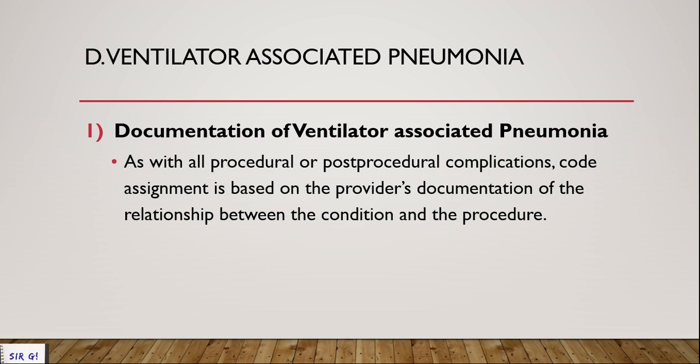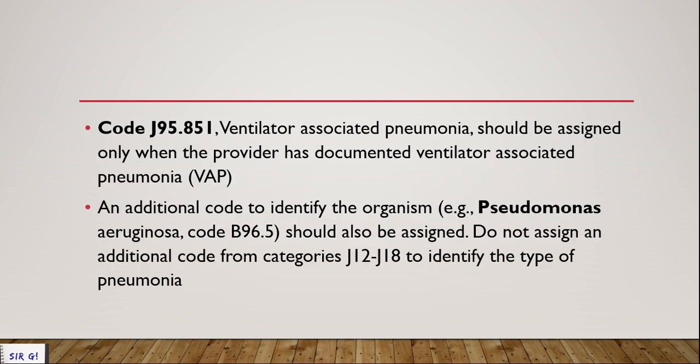It should be clearly documented, guys, that the pneumonia is due to the ventilator. Okay? It should be specified in the documentation by the provider that pneumonia is caused by the ventilator. Okay, so we have a code for that, J95.851.